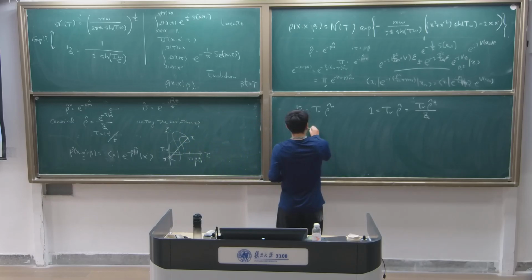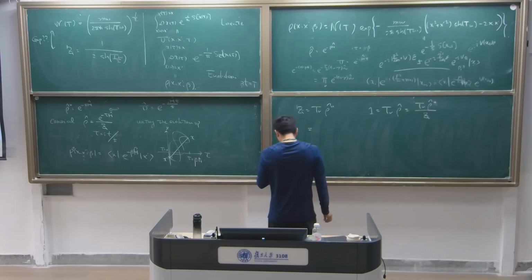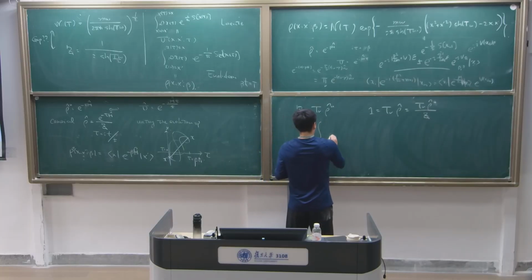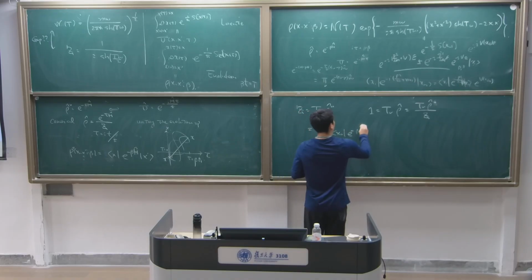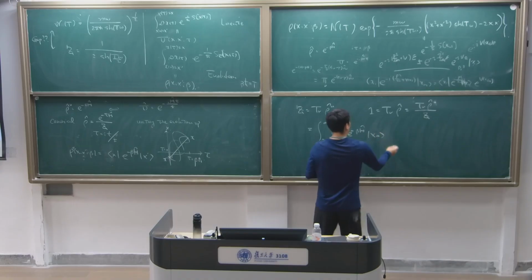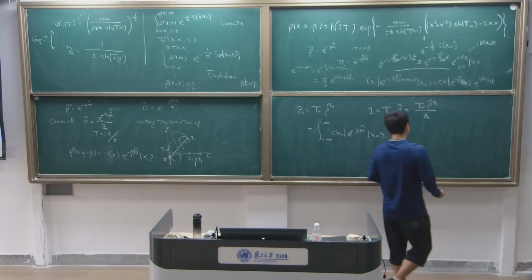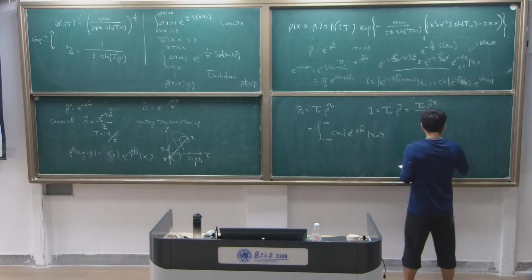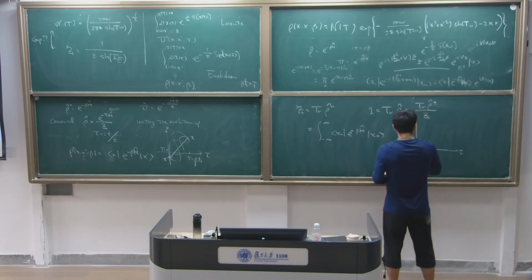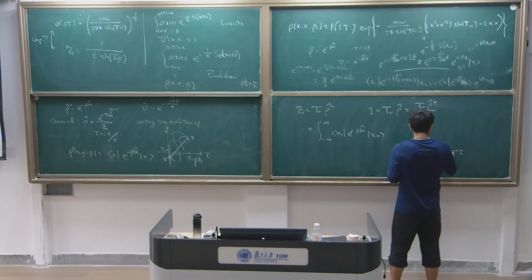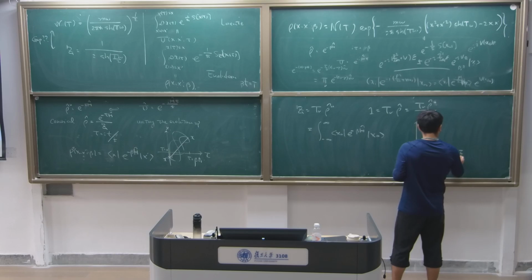So this means that the trace is the integral from minus infinity of x naught, e to the minus beta h hat, x naught. You start with this, this is the imaginary time, tau equals 0, and tau equals beta times h bar.